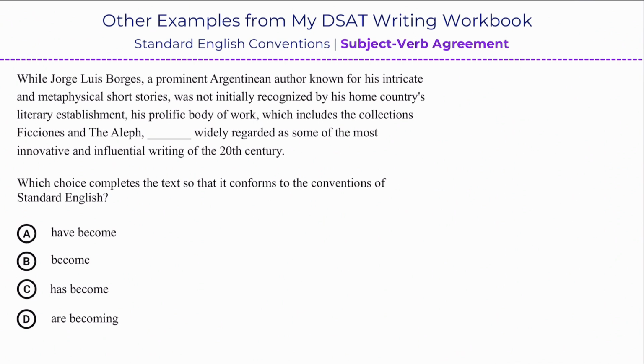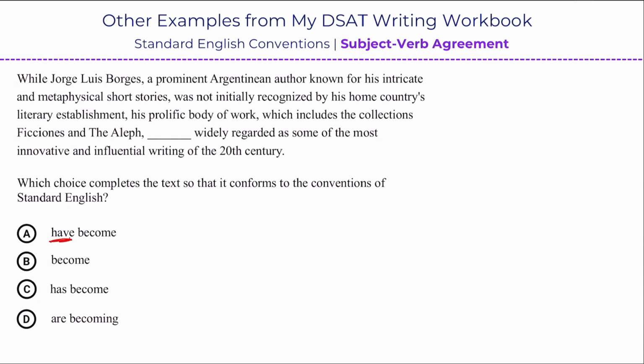And you would tell me, we got to take a look at the answer choices, right? And then I'll ask you, do you notice a difference between a singular and a plural verb? You'll be like, oh, yes. I'd say, well, what is it? Then you would say, oh, answer choice A, have become, is a plural verb. And answer choice C, has become, is a singular verb, right?